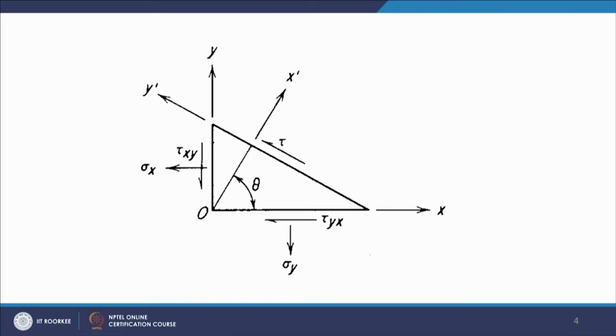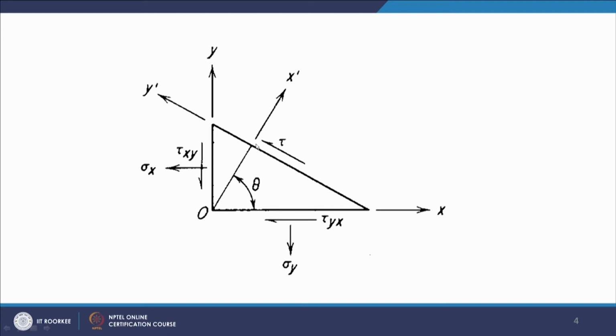Here you have an element with sigma x, sigma y acting, and tau xy. If you want to find the components of the stress on a plane at an angle theta, whose outward normal is in direction x prime, this plane is making angle theta with the x axis.